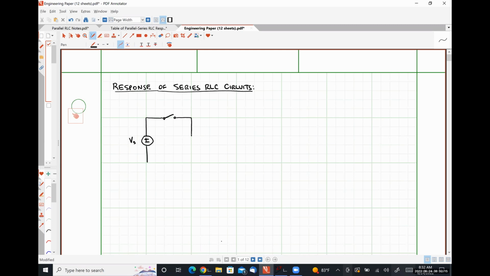And we have some resistor R, some inductor L, and some capacitor C connected like so, where I'm going to define my current I. So this is representative of the inductor current flowing in this direction.